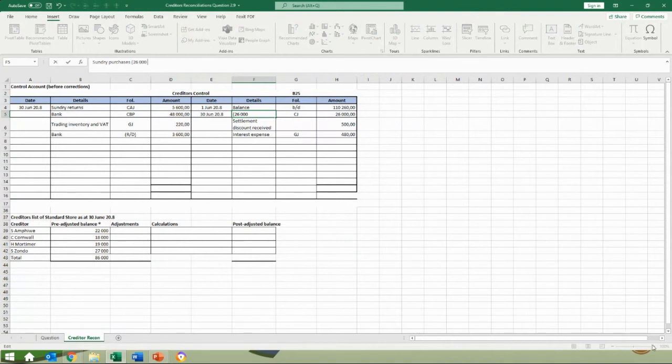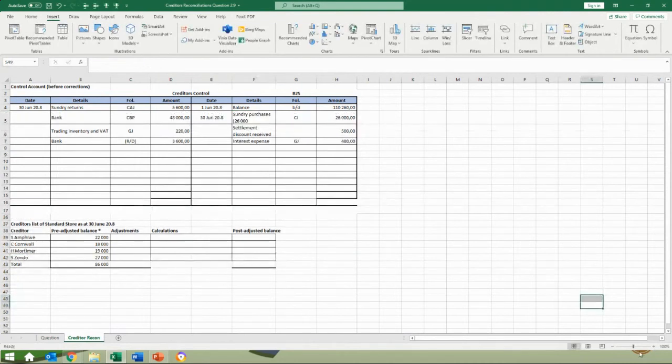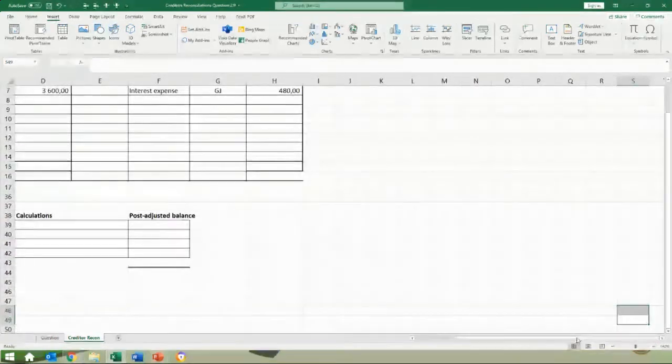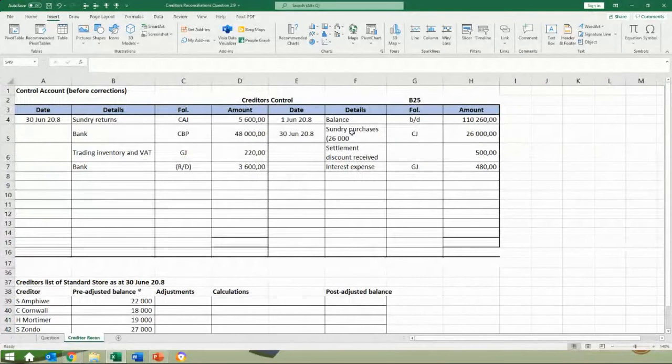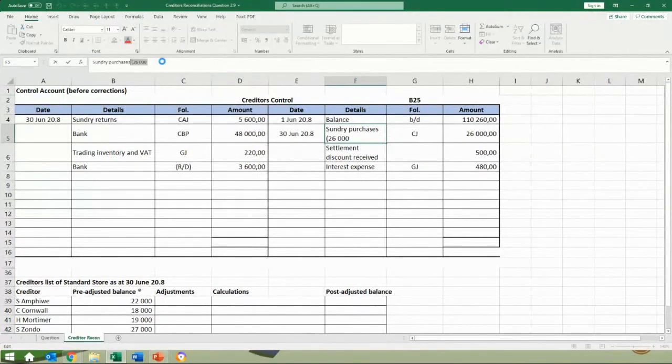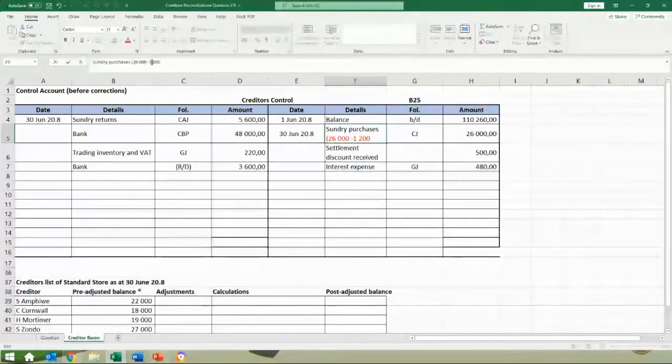Okay, let me just make it a bit bigger so you guys can see better. Okay, I'm just going to make this red to show you where I change it. So it was 26 initially, but now we said 1,200 was added. It was too much.